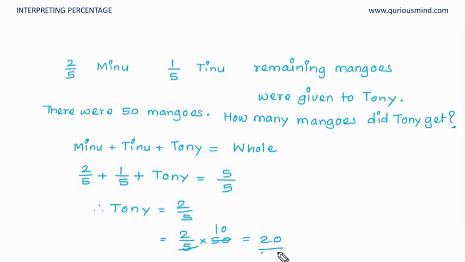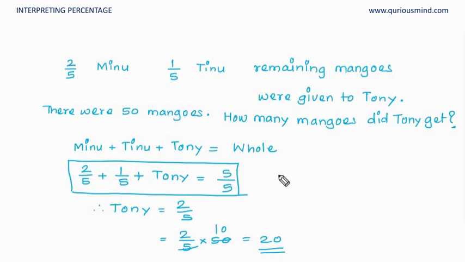So Tony got 20 mangoes. So what I have done is I have used this property of fractions, that all the parts of the whole, when they add, give us the complete whole.